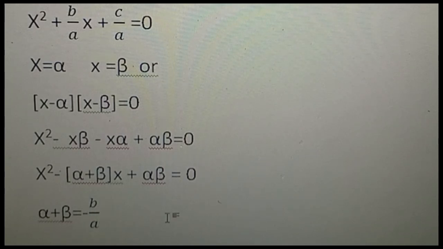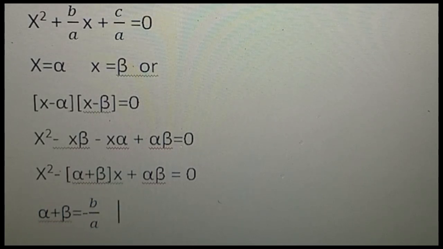The reason we have the negative sign is that in our expansion we get a negative sign, which is why we put the negative sign in front of alpha plus beta.